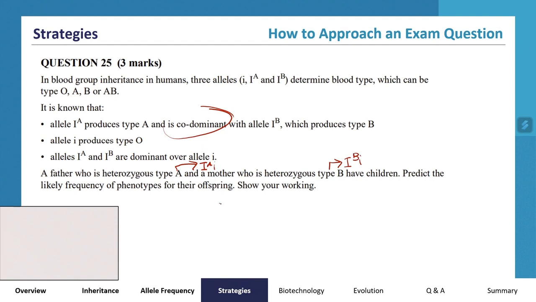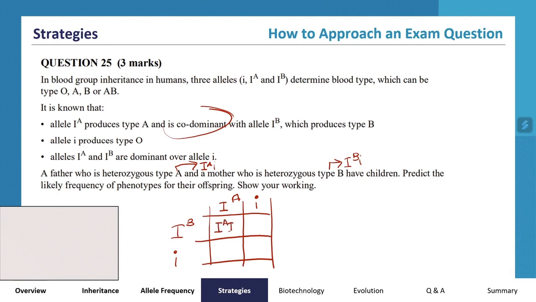So in order to do a prediction for genotypes, you're required to do a Punnett square. The father I'm going to do up top, and the mother I'm going to do on the side. And draw the Punnett square. The first offspring that we get is AB, second is B little i, third is A little i, and fourth is little i.